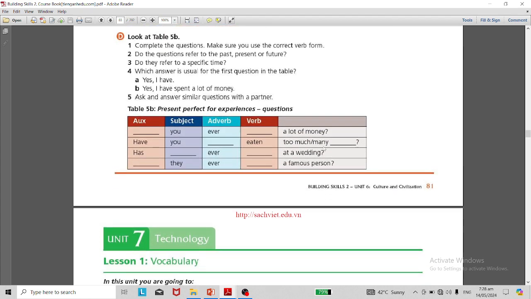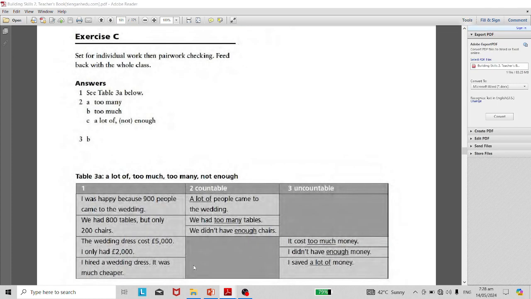Exercise D. Look at table 5B here. Complete the questions. Make sure you use the correct form of verb. The one is, have you ever eaten too much or too many? You write here. Can show example if it's possible here.